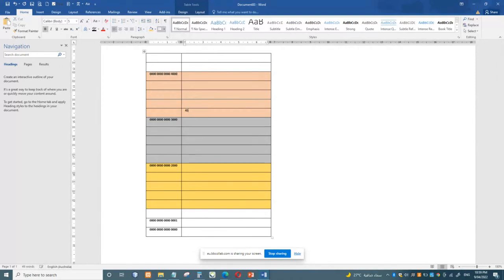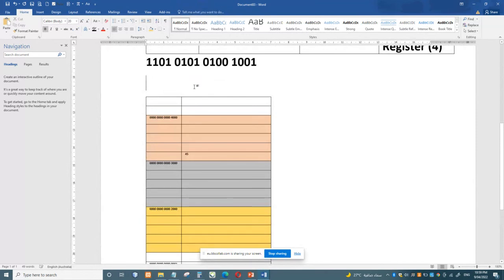Say data 45 is there, and in our instruction we want to do an add instruction. Say the add instruction is 1101. Now one of your registers is your destination register, 1101, and this register number 13 is where your result will be stored.